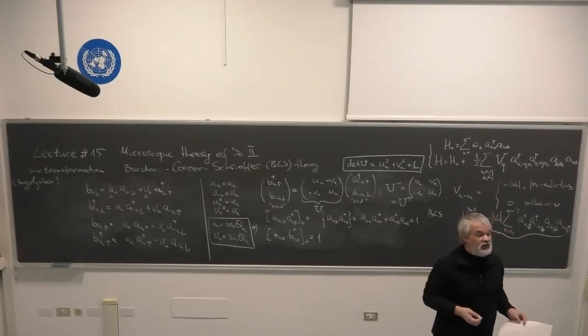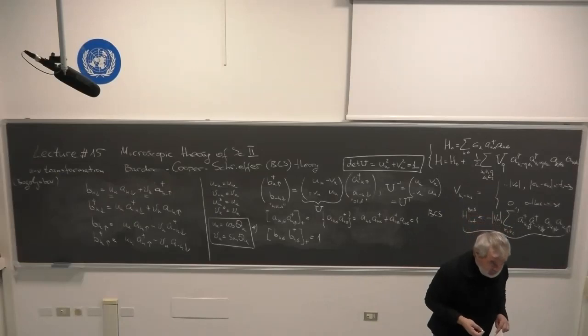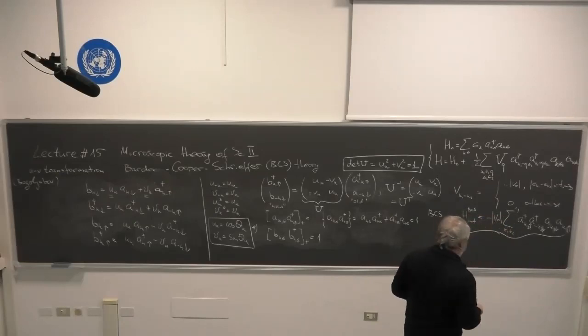In particular, here, this is a rotation on a sphere. And this is again a difference from the UV transformation for the bosonic system, where, if you remember well, I parameterized u and v by cosh and sinh, hyperbolic cosine and hyperbolic sine. Here, these are just trigonometric functions.